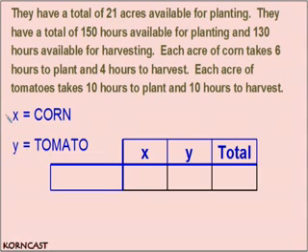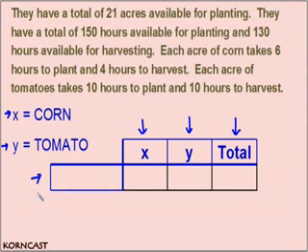Well, again, after we've identified the corn and the tomatoes, I think the easiest way to do this is to use a table format, or a spreadsheet if you will. I went ahead and made my corn one column, my tomatoes the other column, and my total the third column. So now we need to decide what goes in the rows.